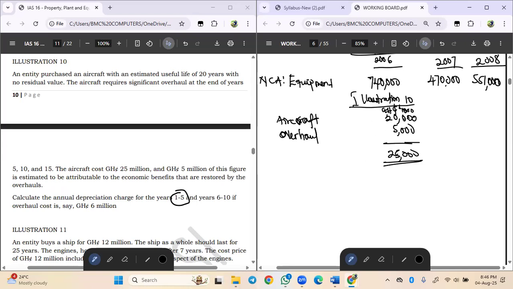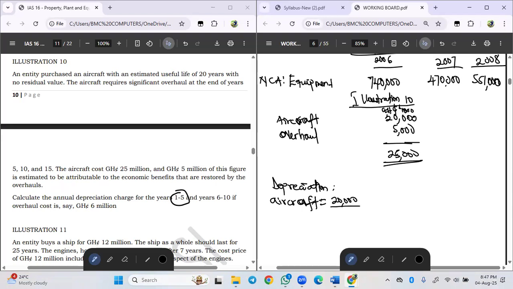So, first of all, let's talk about the depreciation for the aircraft alone. This is 20,000 divided by, we have no residual value, so we just divide by the useful life.